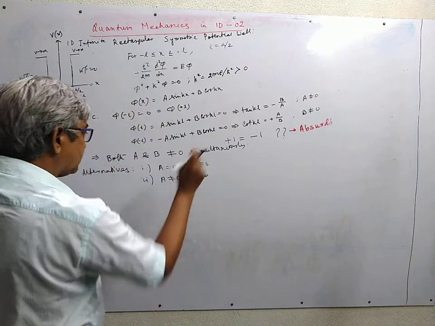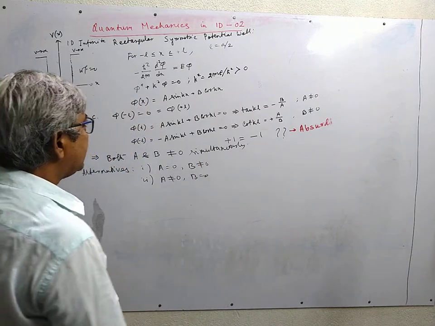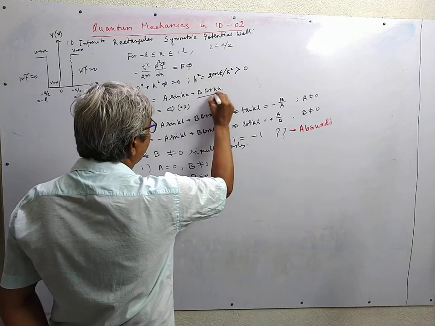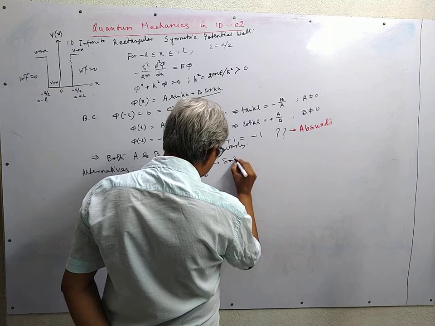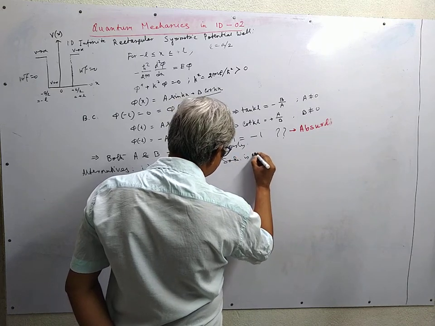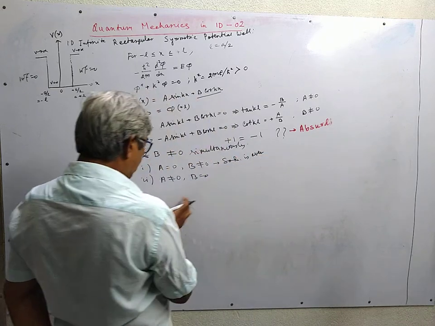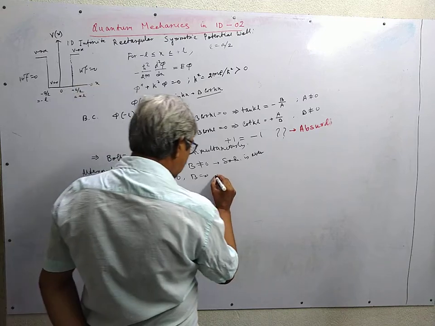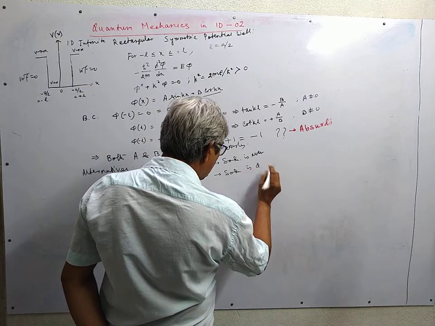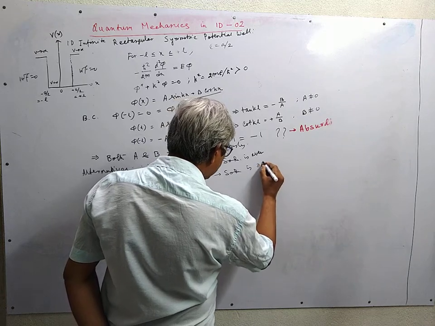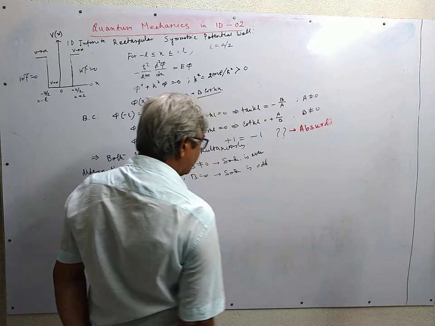If we choose the solution in this form, then only this part survives. So the solution is even. And if we choose the solution in this way, the solution is odd. Because sine function is an odd function and cos function is an even function.